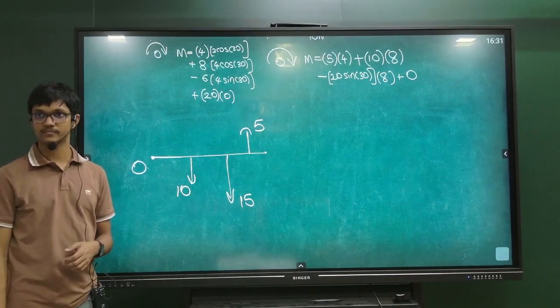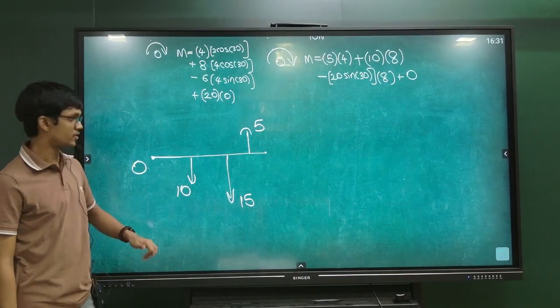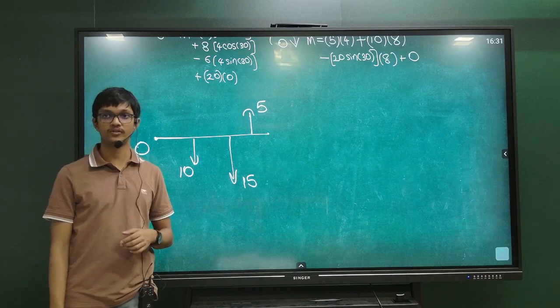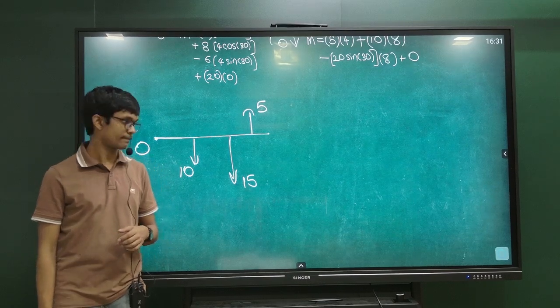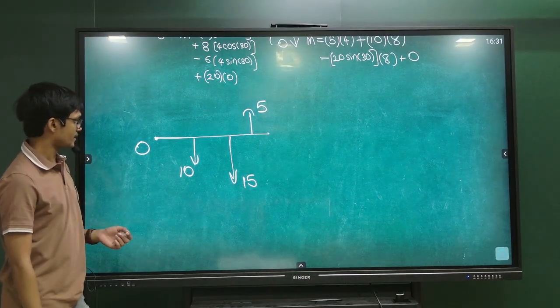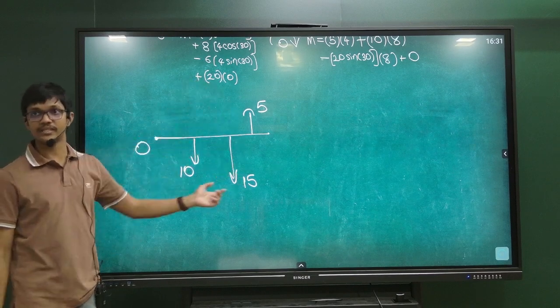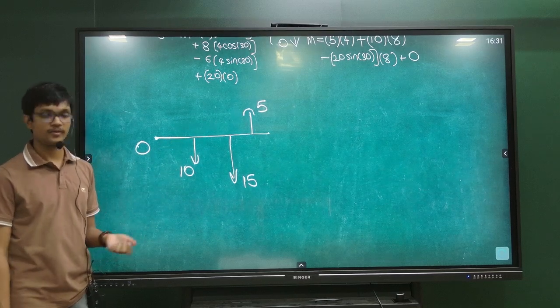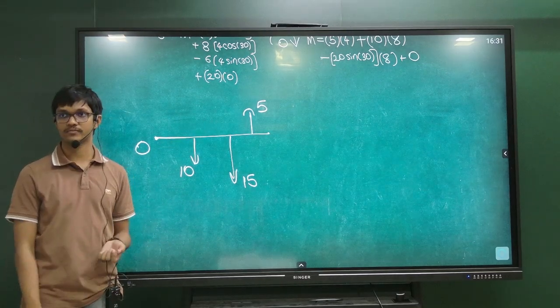You have a lot of vectors like this. Clear? So what is the resultant of these vectors? What is the resultant of these vectors?